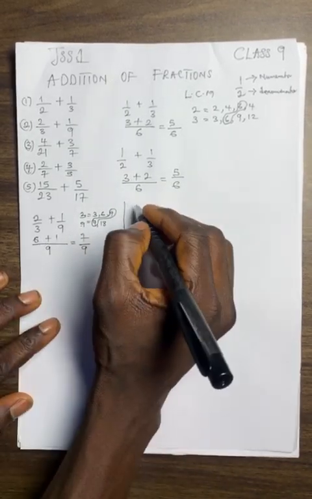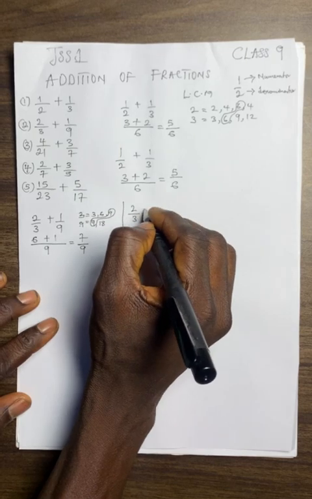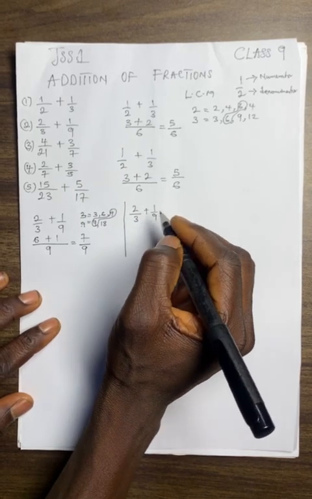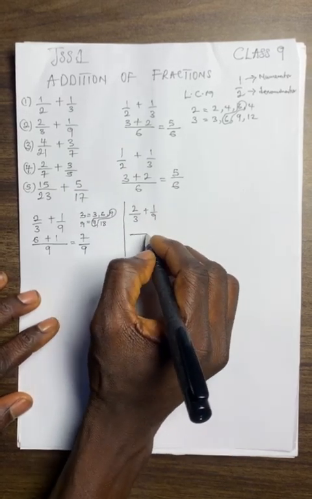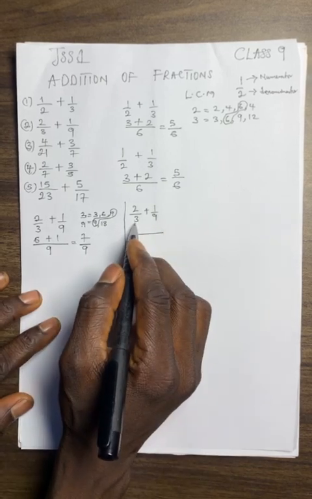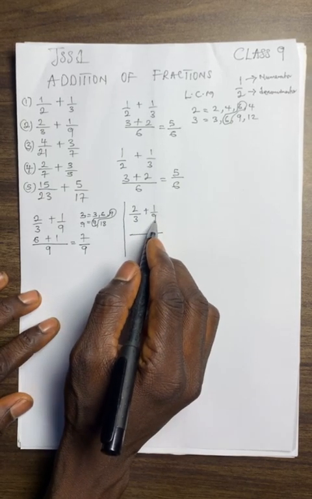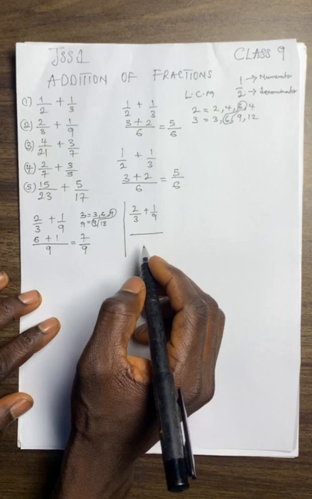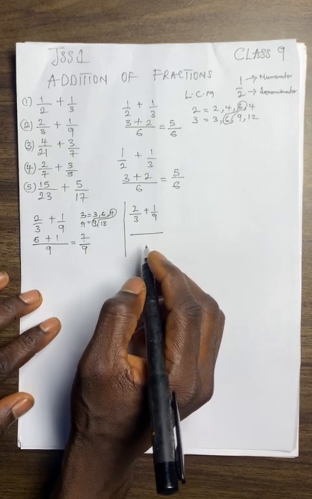So let's use the second method as well. We have 2 over 3 plus 1 over 9. So you draw your straight line. 3 multiplied by 9 is what? That should be 27.